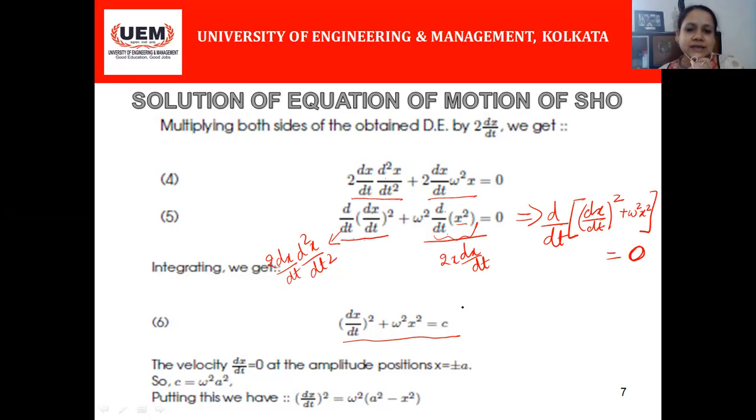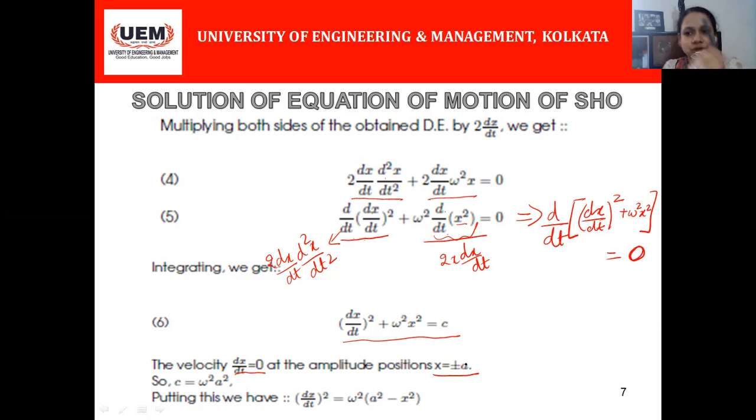So when x is equal to a, the amplitude or extreme position, then dx/dt, the velocity at that instant of time, is 0. So we put in that condition: dx/dt is equal to 0 at x is equal to plus minus a, because there can be two amplitude positions, plus a and minus a.